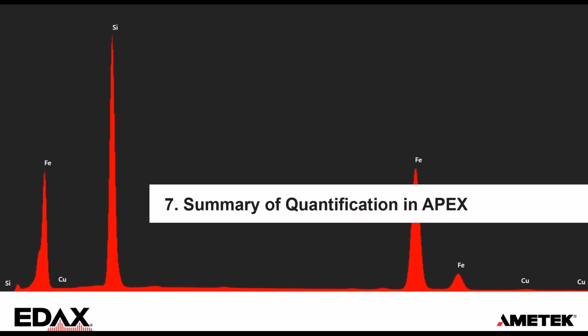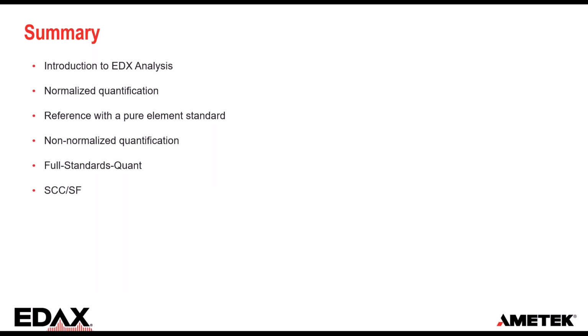So I give you now a little summary of what we have seen so far. We have seen the normalized quantification as a standard method for EDS, how it's done, and that it requires identification of all elements. I have introduced the reference measurement in APEX, which enables quick and easy non-normalized quantification, and also that we use the reference to store standards in a database so that we are able to reuse them at any time.